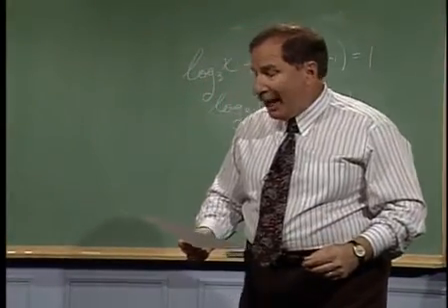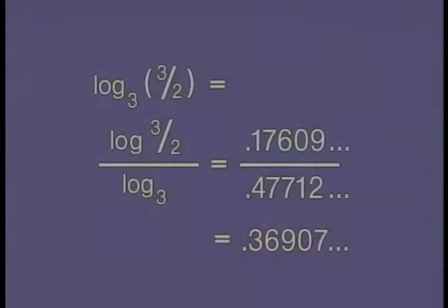So let's take a look at the next visual, which starts off by saying we want to find the log base 3 of 3/2. For example, if we wanted to go back and check that last problem, we needed to be able to find the log base 3 of 3/2. That's one of the parts of the checking equation.